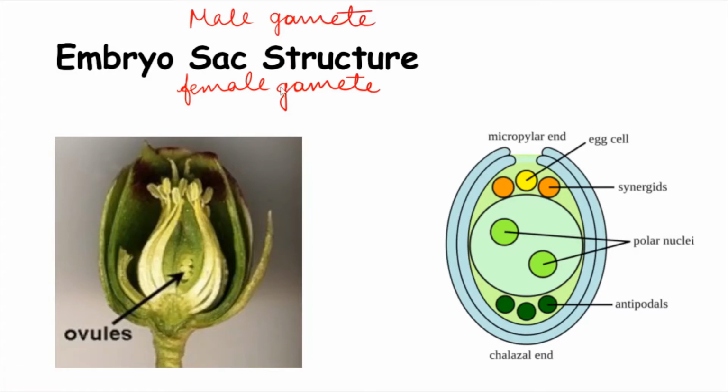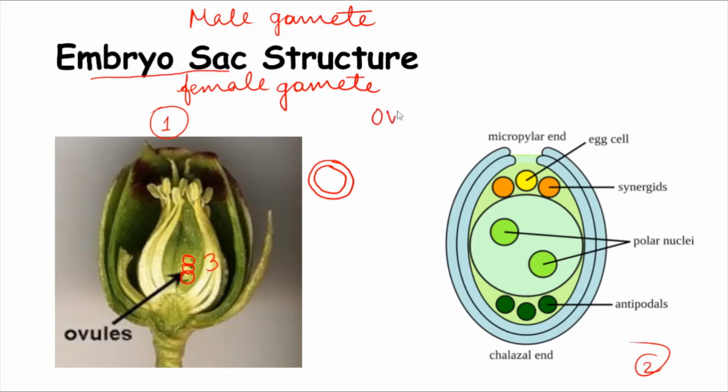Now children, in this diagram, let us say this is the first picture and this is the second picture. In this you can notice that there are 3 ovules inside the ovary. How many ovules are there? 3 ovules are there, and each ovule, if we see internally, consists of a structure called an embryo sac.